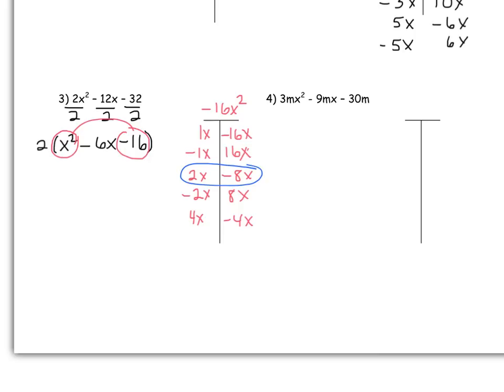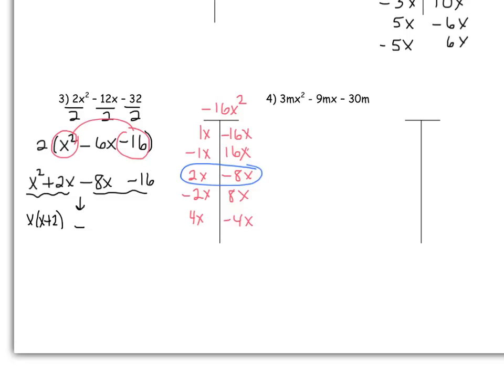Okay, so now we're going to do the same thing as we did before. Again, ignore this 2 for now. So we bring down the first term, bring down the last term, and fill the middle with a positive 2x and a negative 8x. And now what's my GCF here? Bring down the minus. Well, for this one, you should be saying GCF is x plus 2.